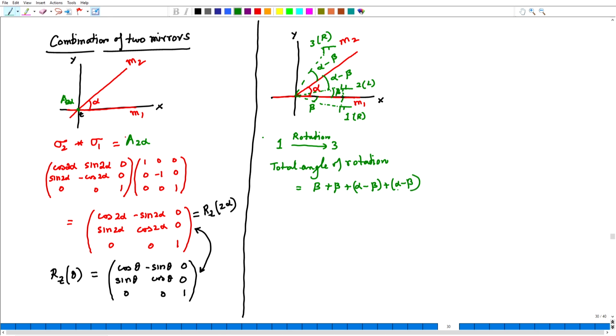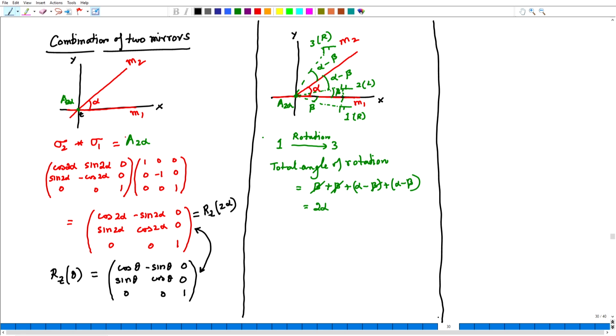If we see this, all the betas will cancel out and we are left with 2 alpha. So, again I have the same result as we got from the matrix method, and therefore, I have a rotation of A 2 alpha at the origin. Now, let us move a bit further: can we have any arbitrary value of alpha?